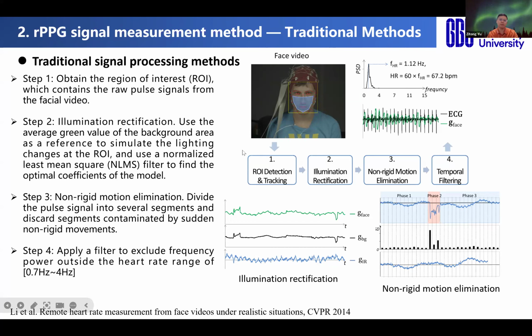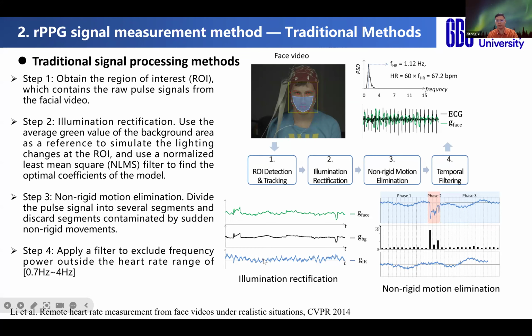How to solve this issue? This is the pipeline. First, they detect the face and select the ROI region based on the facial landmarks. After that, they use some least mean square filter to remove the background light illumination from the face region.